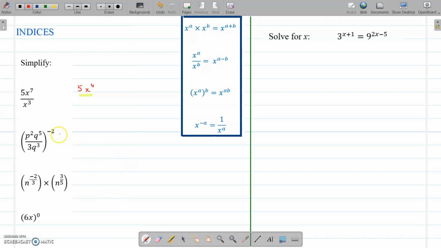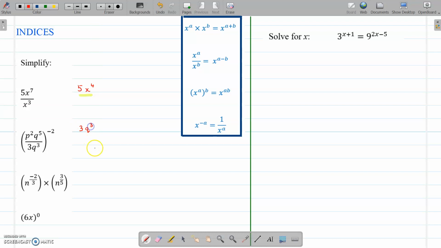Now the second one, we need to use the fact that a negative power is better converted into a positive power, okay? And to do that, we need to turn the fraction upside down. It's kind of shown here in this rule. All right, so I'm going to rewrite this as 3q cubed on the top, okay?